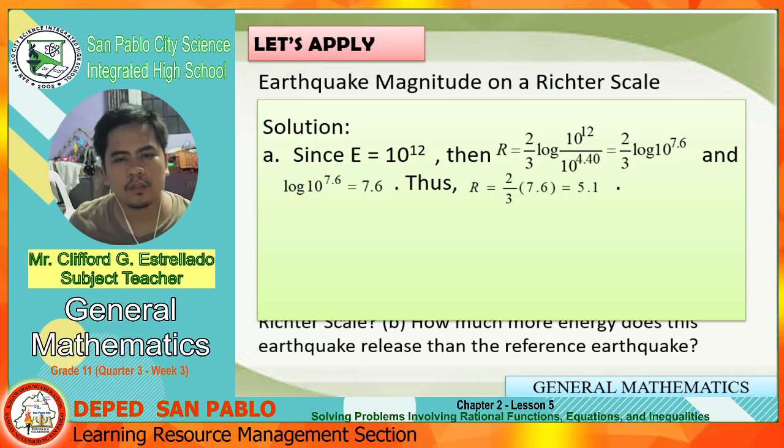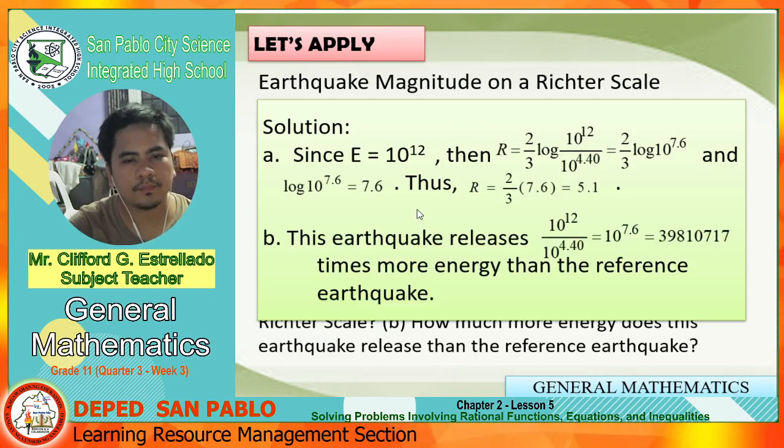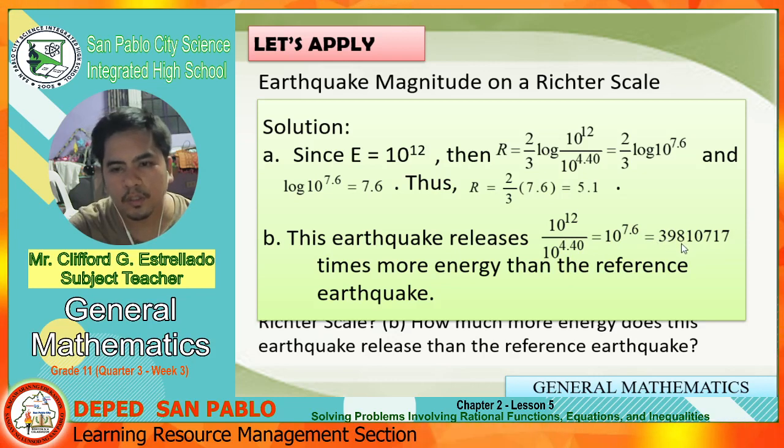Thus, R is equal to 2/3 times 7.6 is equal to 5.1. So, this earthquake releases 10 raised to 12 over 10 raised to 4.40, meaning 10 raised to 7.6 or 39,810,717 times more energy than the reference earthquake.